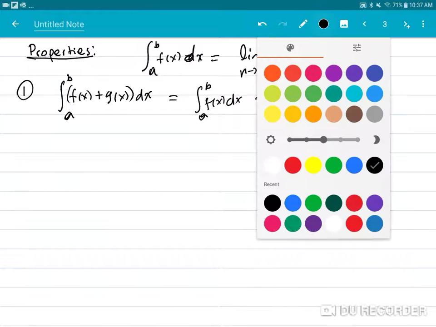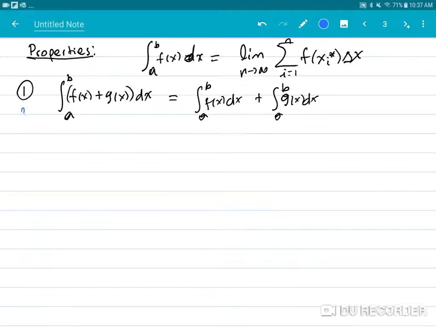Also, the second property is if you know the integral of each one of the two functions, the integral of the difference is the same thing as the difference of the integrals. So those are two easy properties. The third property is the integral of a constant multiple of a function.